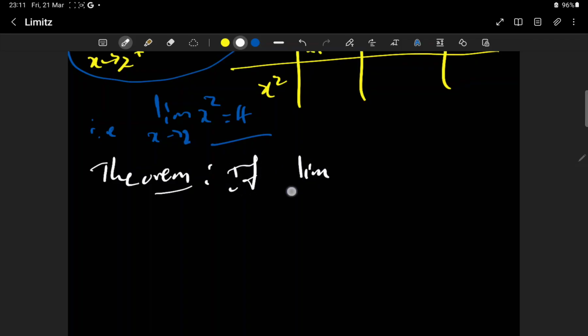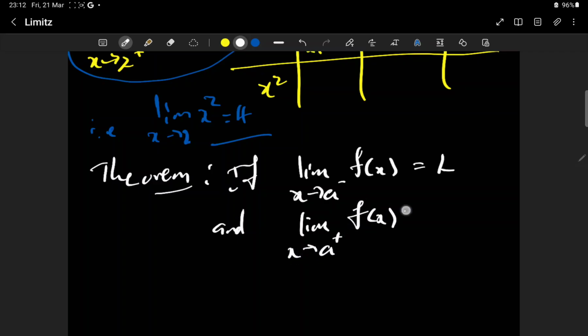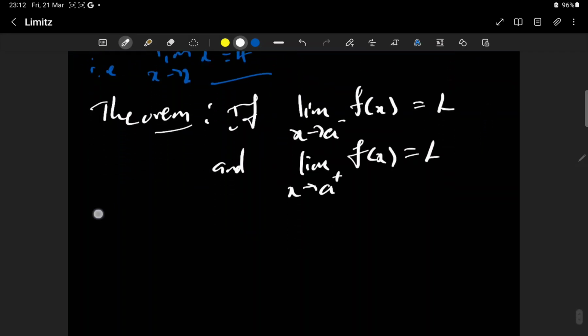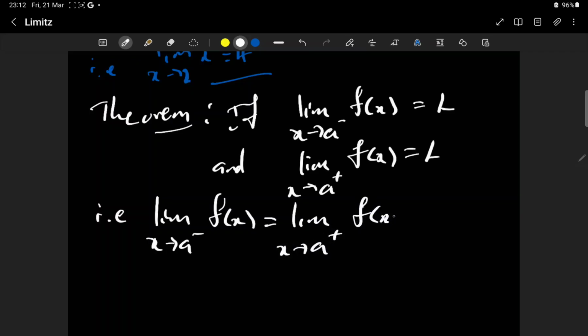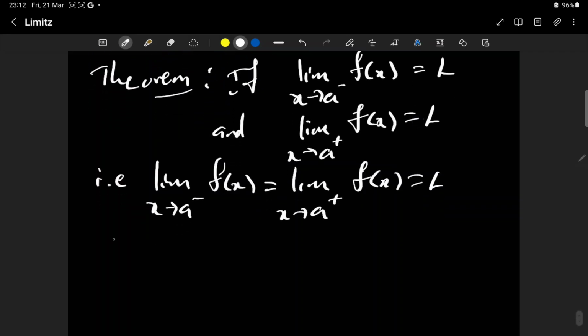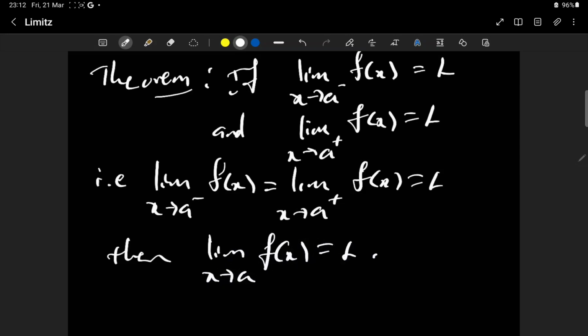The theorem is that if the limit as x tends to a from the left of f of x is equal to L, and the limit as x tends to a from the right of f of x is also equal to L, so the limit from the left of f of x is equal to the limit from the right of f of x, and they are both equal to L, then it means that the limit as x tends to a of f of x must also be L. So in other words, for the limit to exist at a point, the left limit and the right limit must be equal.